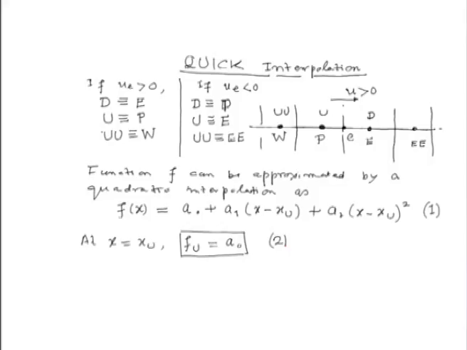So, we get a very simple expression for the coefficient a0. Similarly, now let us use this formula to get the function values at the nodes d and uu.